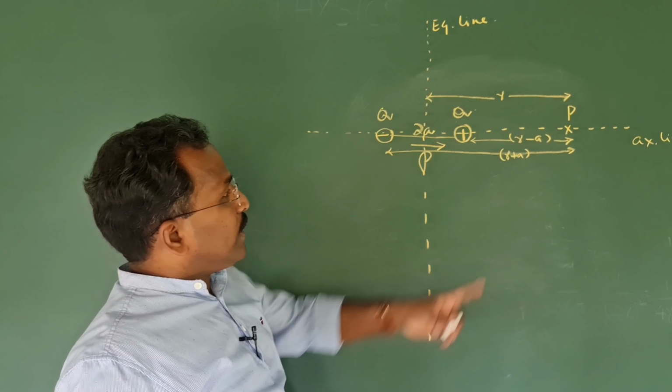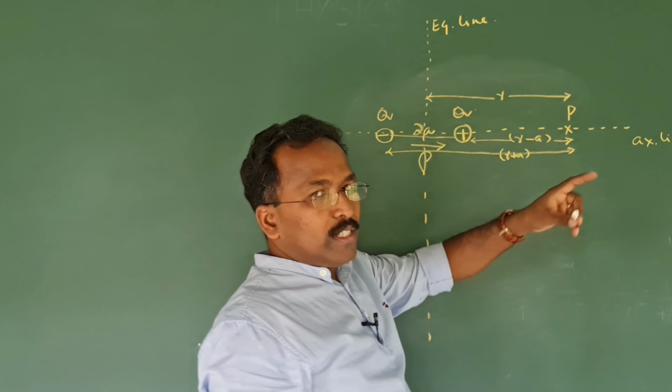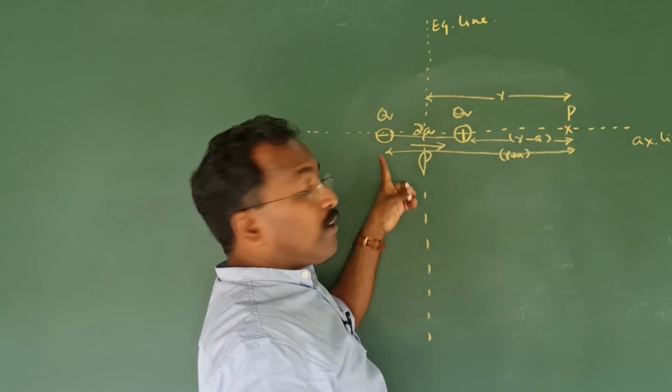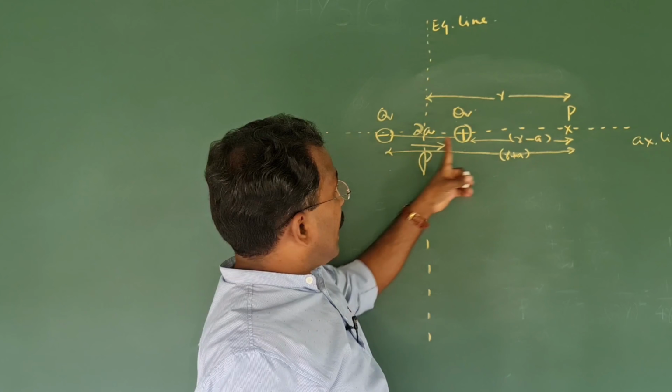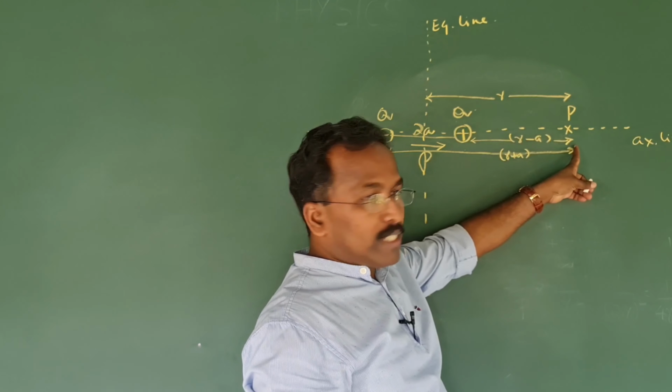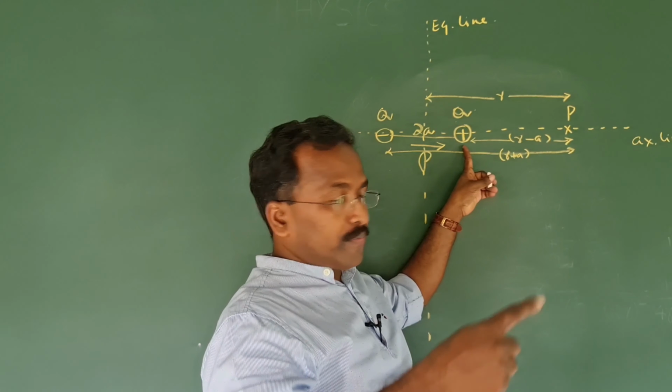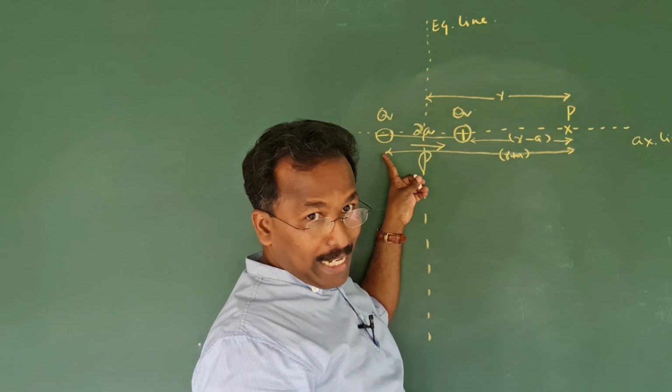Now we calculate the electric field intensity at this point. The electric field intensity here is due to the positive charge and also due to the negative charge. The positive charge is closer here, so the electric field due to this positive charge will be more and this will be less.